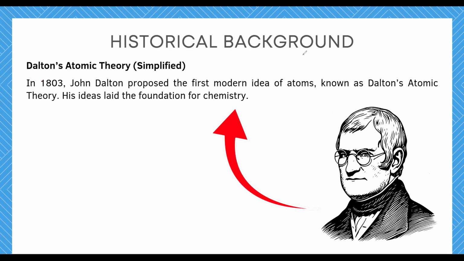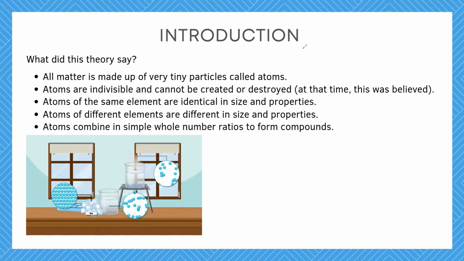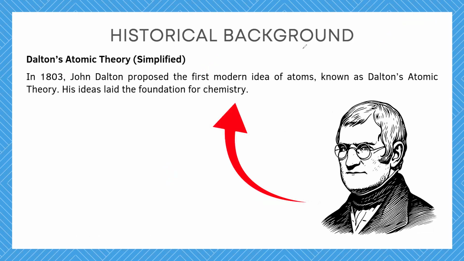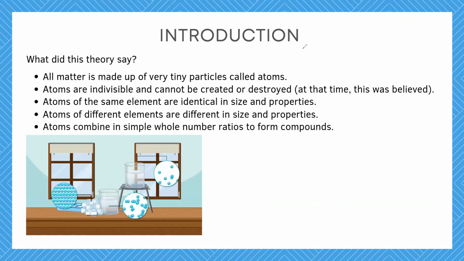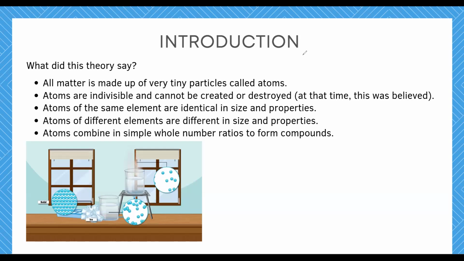So he proposed an idea, and that idea was called Dalton's atomic theory. What did that theory say? The theory proposed a number of things. Number one, that theory said all forms of matter are made up of very tiny particles called atoms.